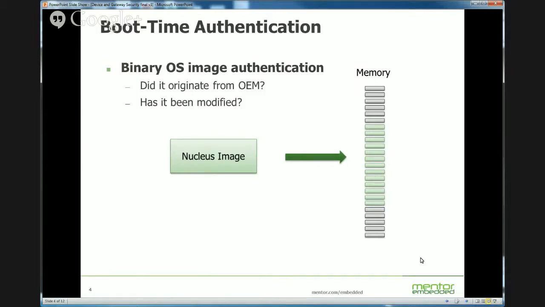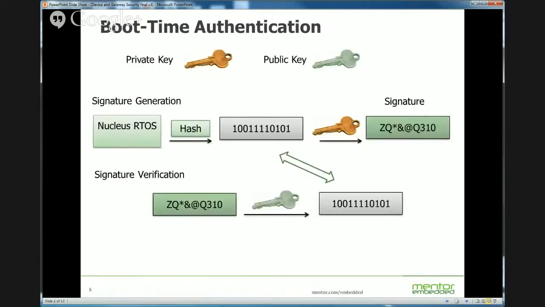So how can we do that? Well, essentially, a boot time authentication strategy can include the concept of a private key and a public key, where the OEM has a private key, and for signature generation, in this case, I'll use the Nucleus RTOS as an example because that's the RTOS I'm the product manager for.